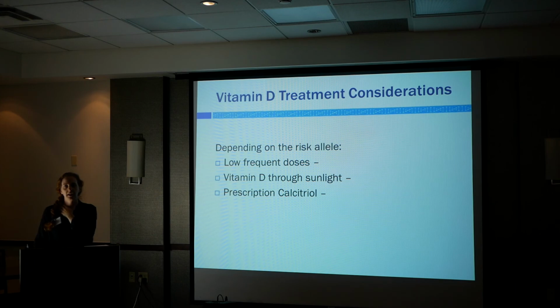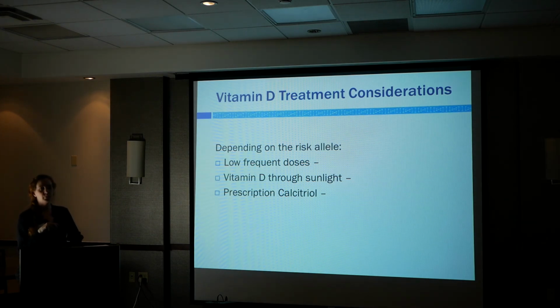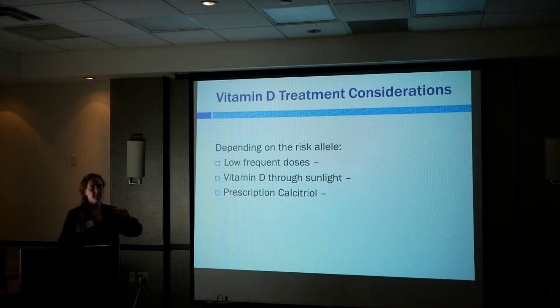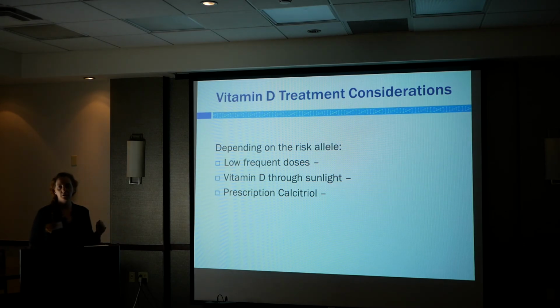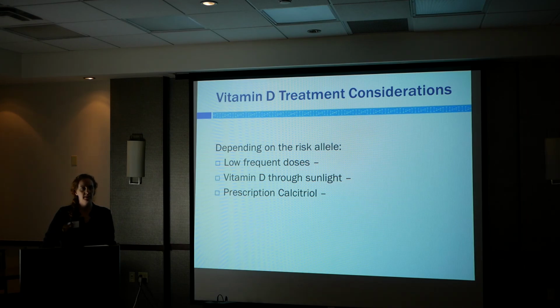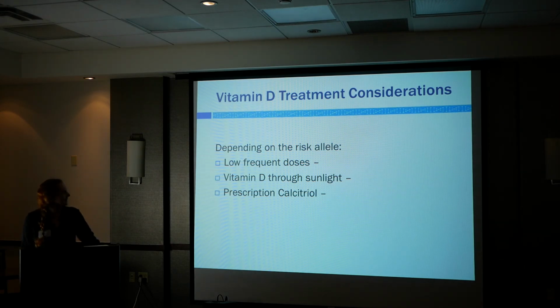So as a physician, I surmised in my mind that if you're giving them low frequent doses of vitamin D, then if their enzyme's slow, at least it's being fed constantly. Do you see what I'm saying? If you're going to dose your patient once a week with 50,000 IUs, do you think that's really going to be good if you have a slow enzyme? No, you're probably going to want to do 1,000 IUs twice a day or 3 times a day, so you can just keep up with it.